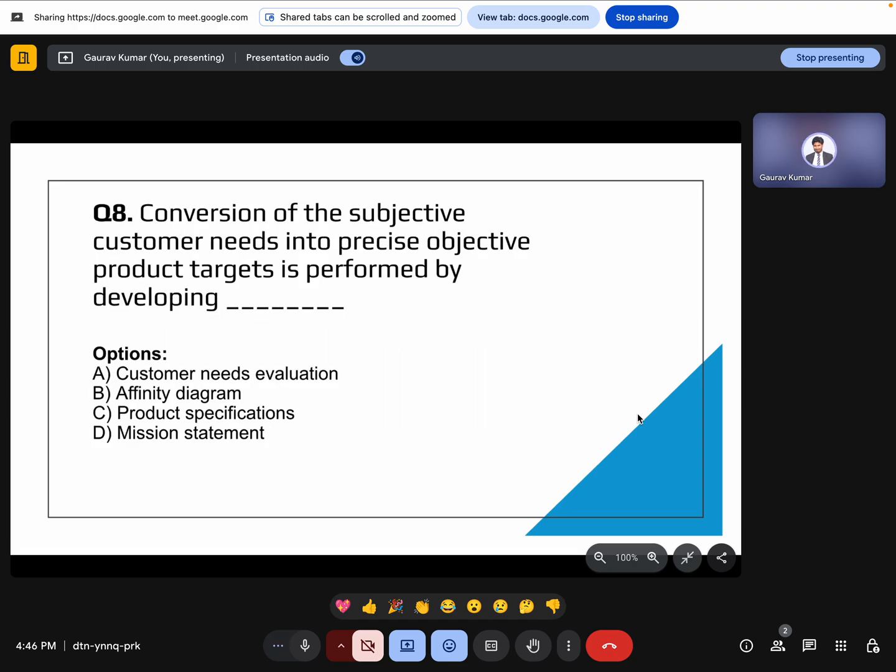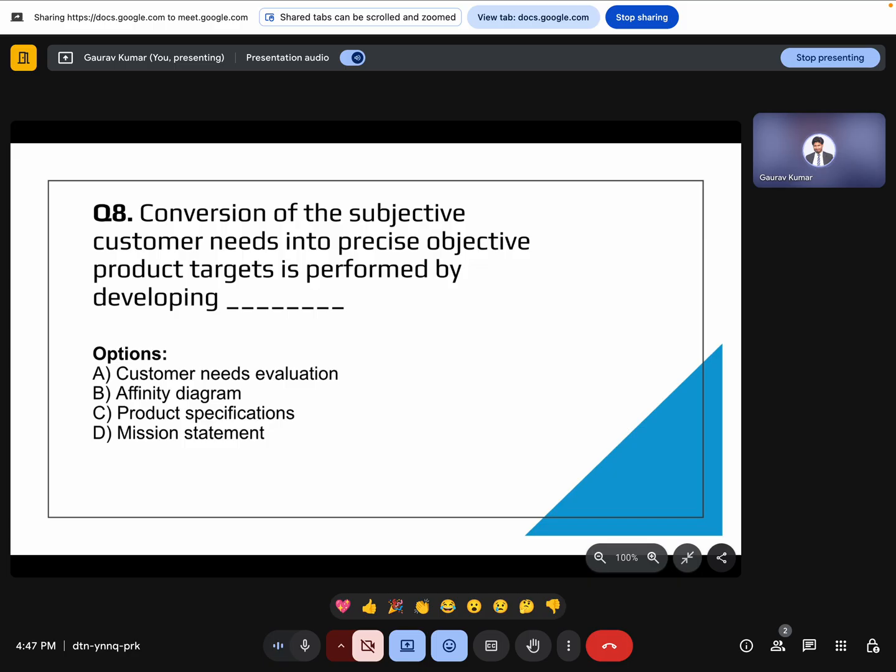So next is question number 8. The conversion of the subjective customer needs into precise, objective product targets is formed by developing what? Customer need evaluations, affinity diagram, product specifications, or mission statement.